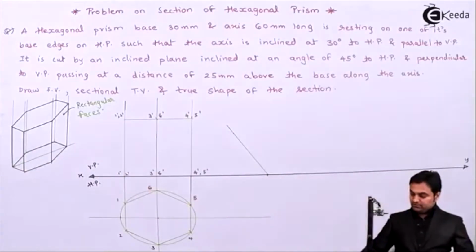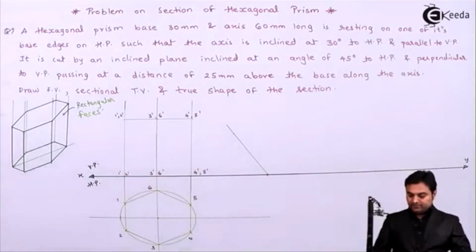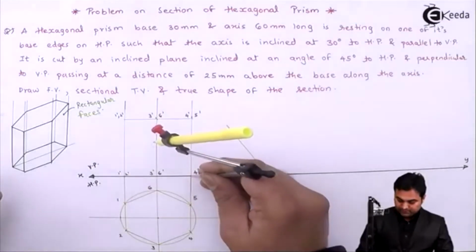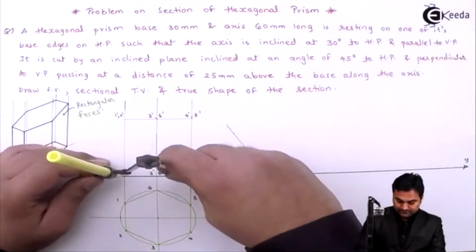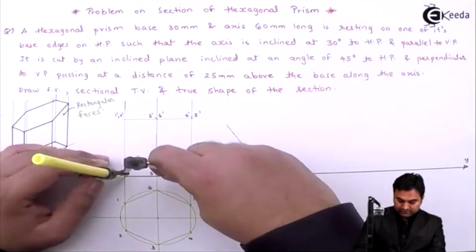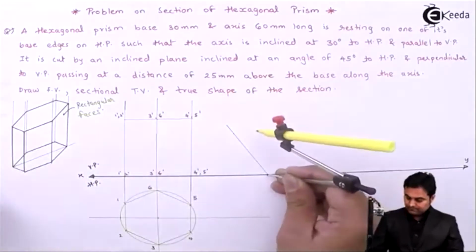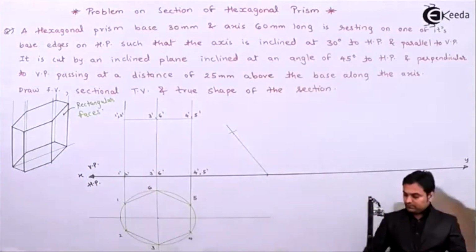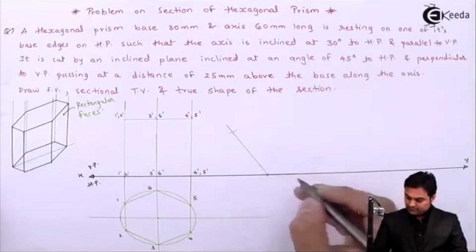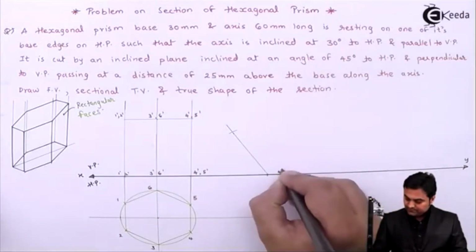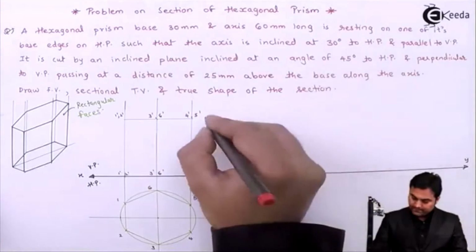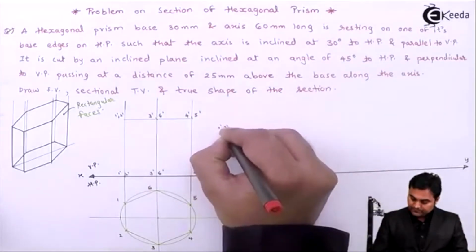Now this is the base on which this prism will be tilted. So I need to mark that base from 4 dash, 5 dash up to 1 dash, 2 dash. Then here I'll say this is point 4 dash 5 dash, and here there is 1 dash 2 dash.